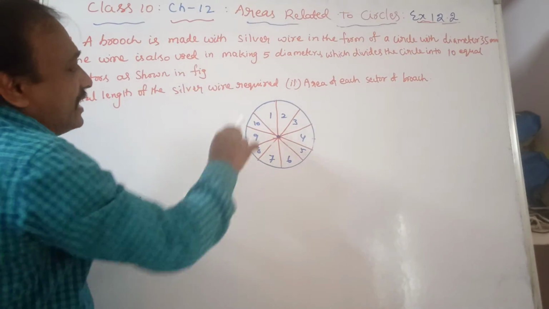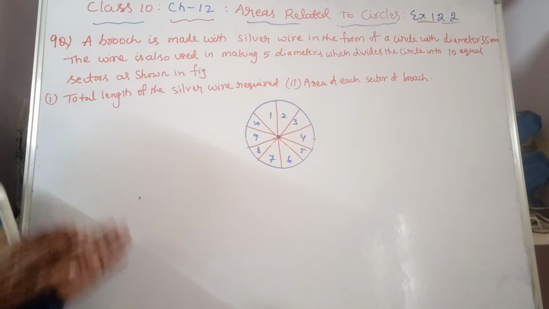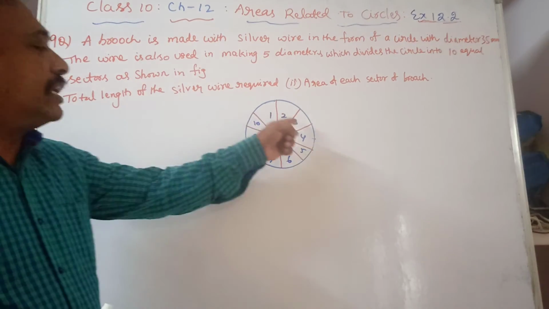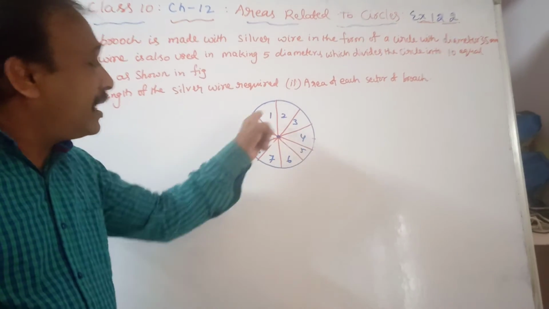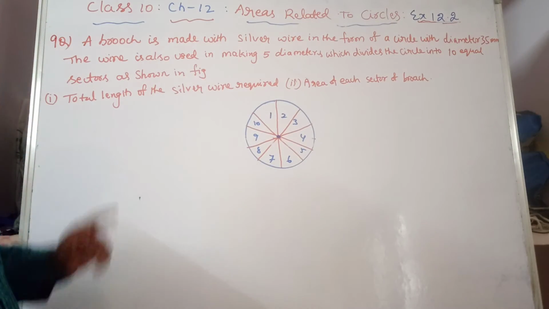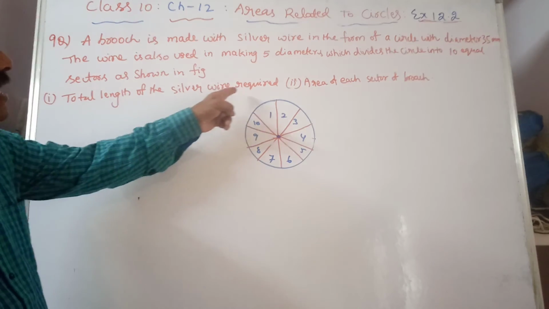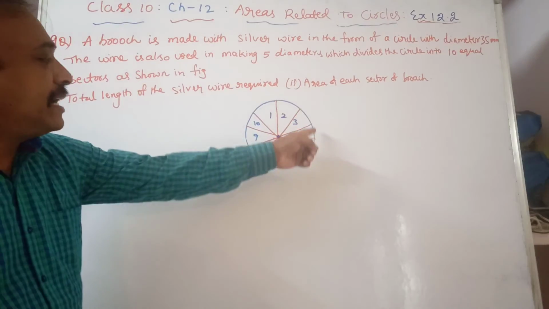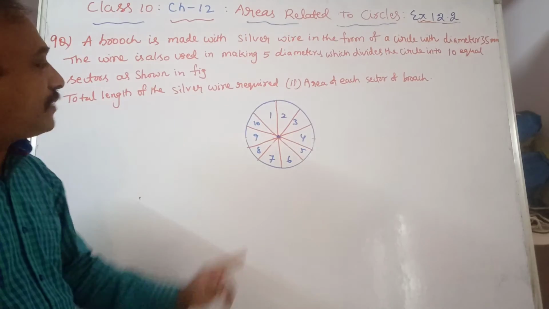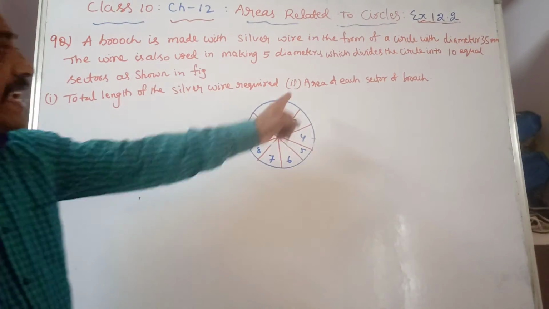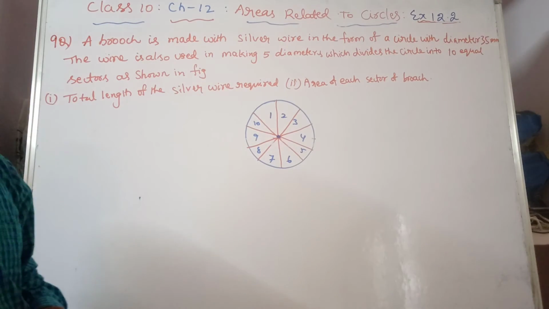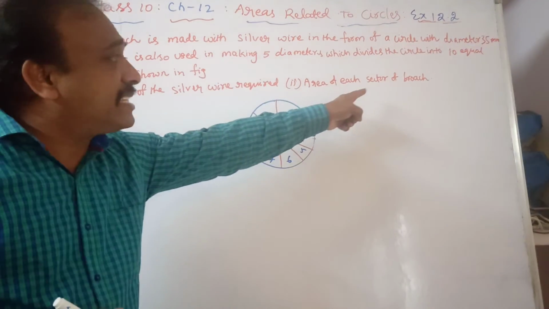When you construct 5 diameters in the circle, how many sectors are formed? 10 sectors. So the first question, total length of the silver wire required, means the circular form as well as the 5 diameters. That is the total length. And the second question is the area of each sector of the brooch.